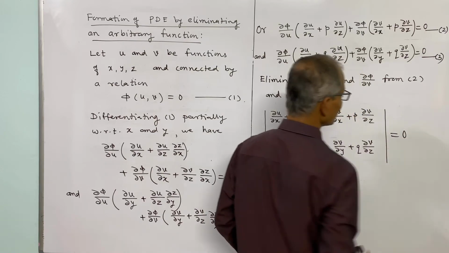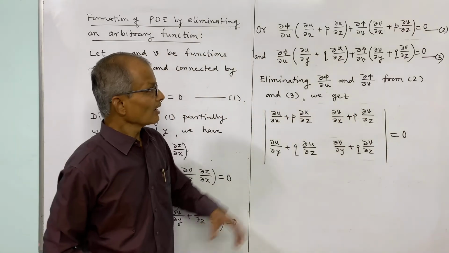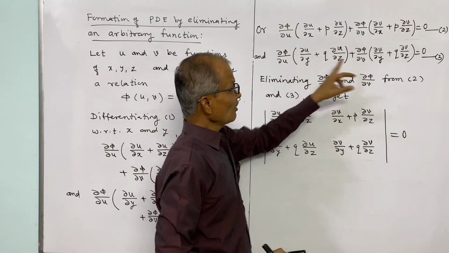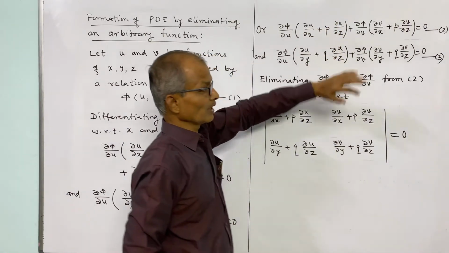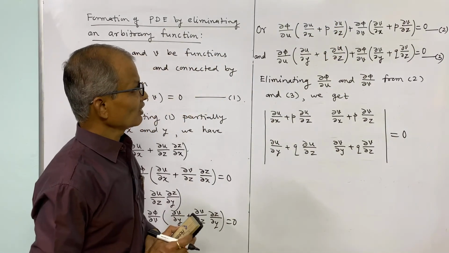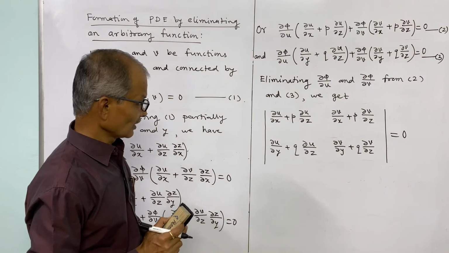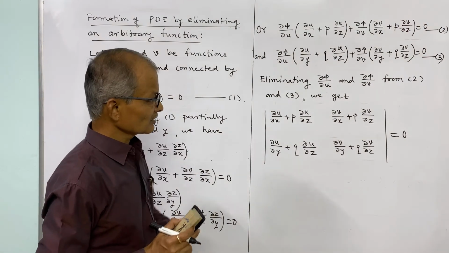This must be equal to 0. This is the elimination of these two terms from the two equations, because they would otherwise have a unique solution, and therefore the determinant is 0.